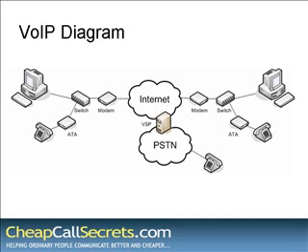But if you want to make calls to normal telephone numbers, you can do that, and normally the VoIP service provider will charge you a fee because they have to interface your VoIP calls into a PSTN, which stands for Public Switched Telephone Network. That's the old plain telephone network. But still, I can guarantee you it's much cheaper than just using a normal telephone line.